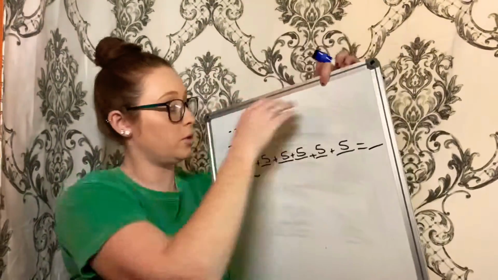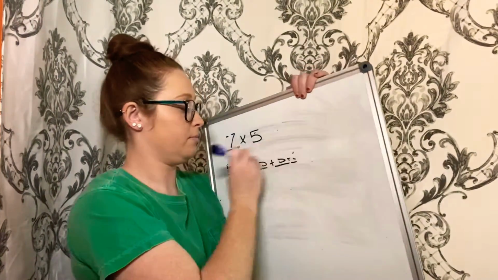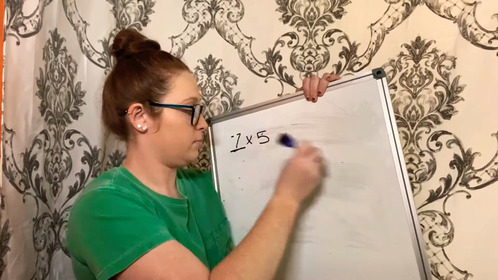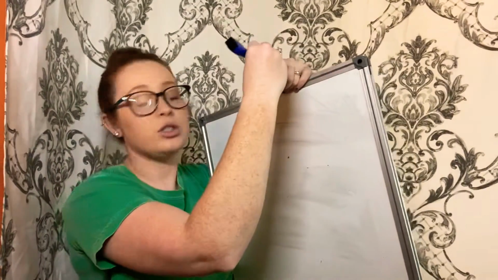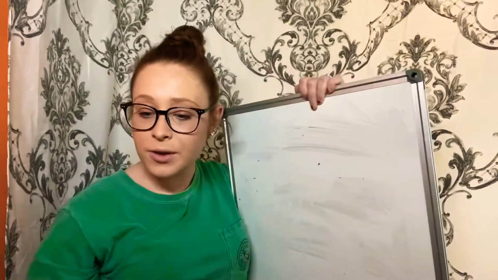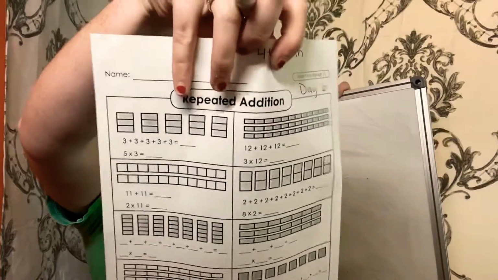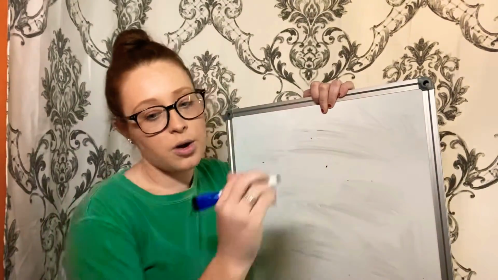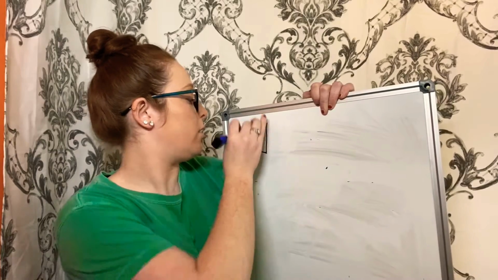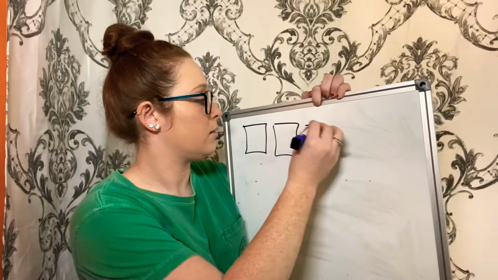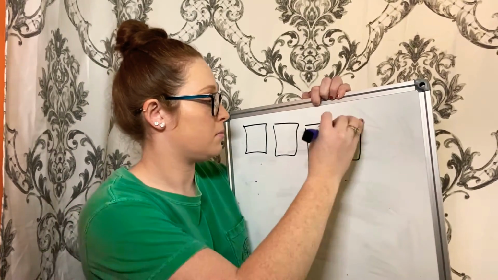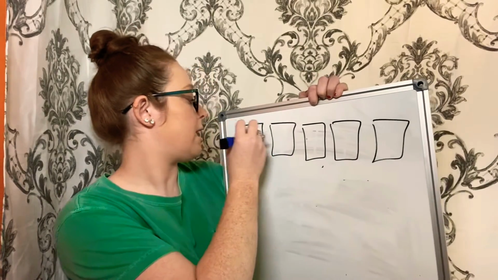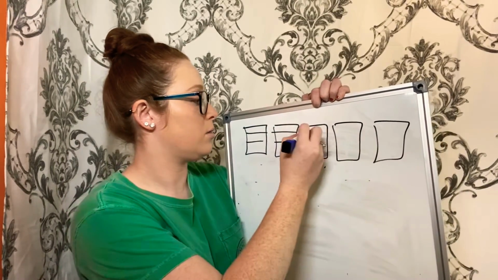So I'm going to come over here to my little board and do a couple with y'all. On that first one up here, let me draw it out real quick. So there's 5 and then there's 3 in each.